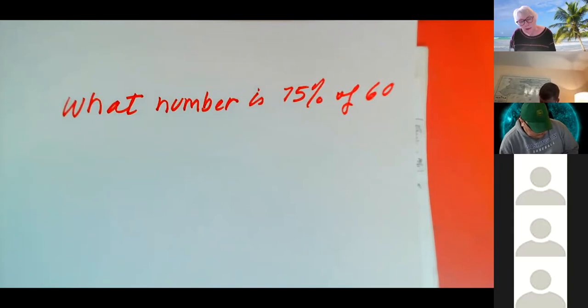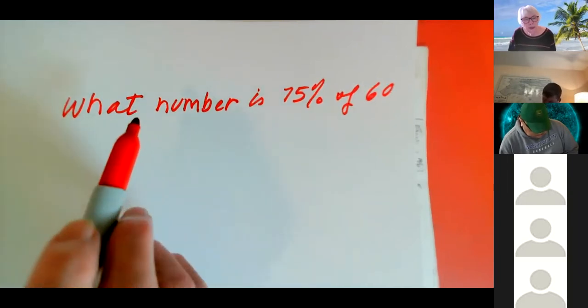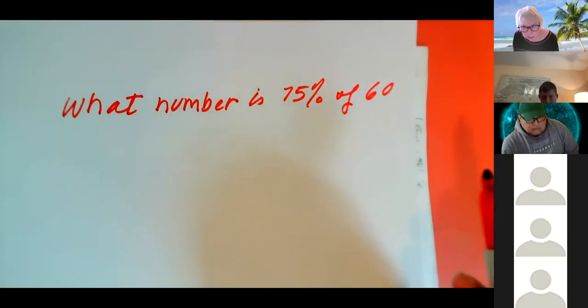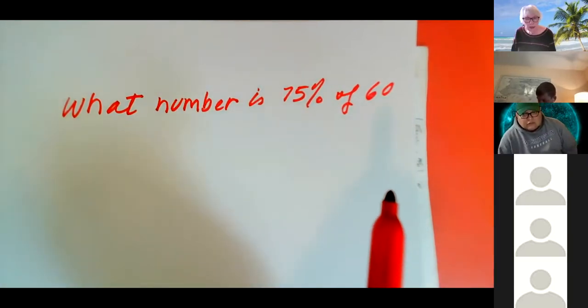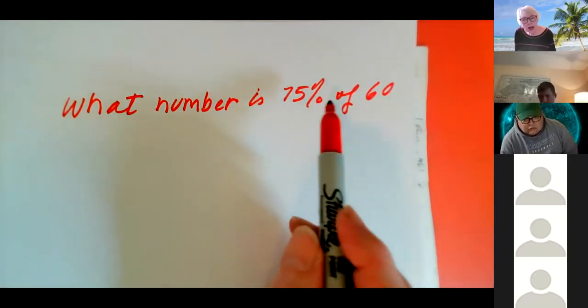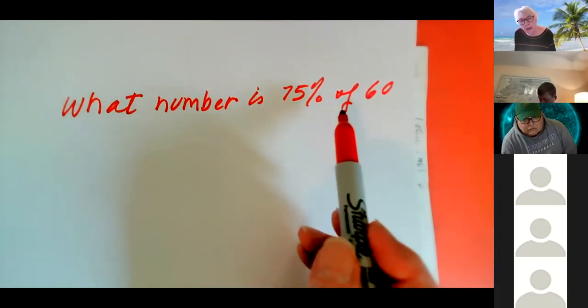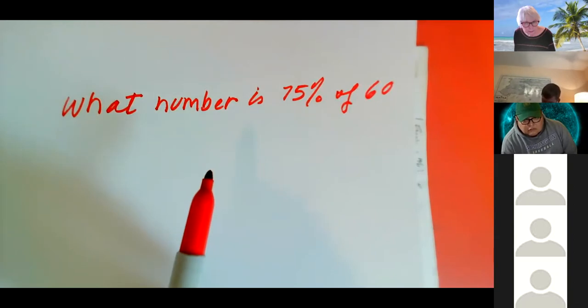Now, after tutoring a couple of people over the last few days, I found out that a lot of people are just happier with the proportion, especially on word problems. This particular type goes easily into a simple equation.